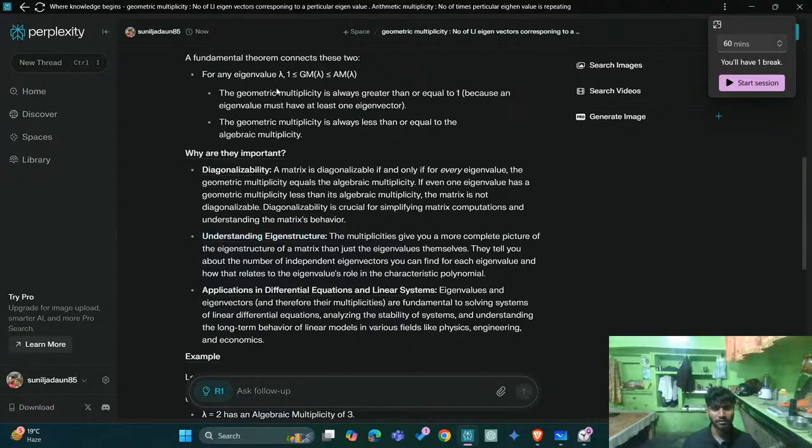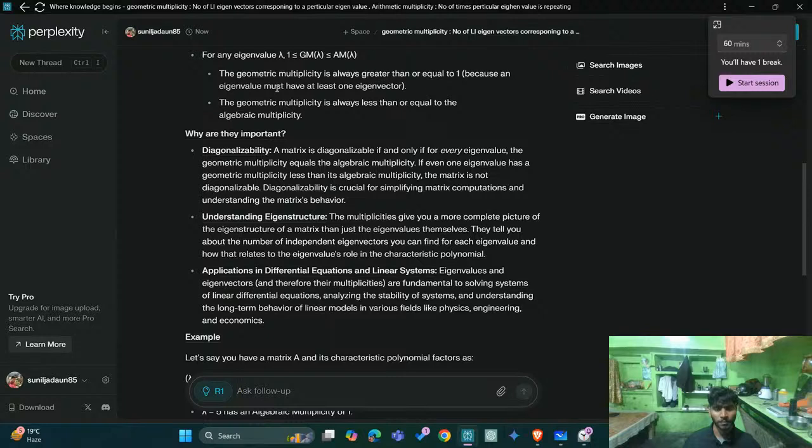Understanding eigenstructure. The multiplicities give you a more complete picture of the eigenstructure of a matrix than just the eigenvalues themselves.